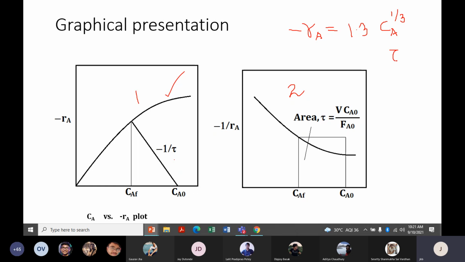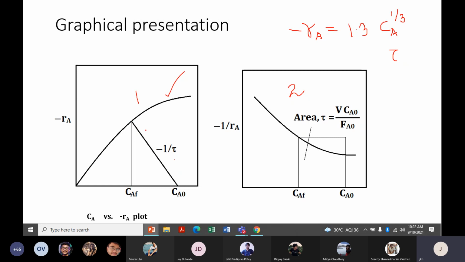If the volumetric flow rate v0 and size of the reactor are known, then tau is known. Then you find 1 by tau and draw the straight line starting from CA0, and it will cut the rate curve at a point. This will give you the final concentration.